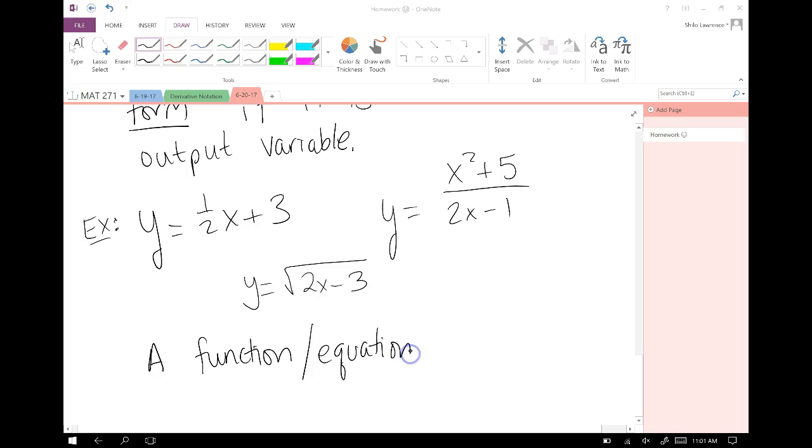A lot of equations don't represent functions, like circles. A circle is not a function because it doesn't pass the vertical line test. Those have to be written in implicit form.